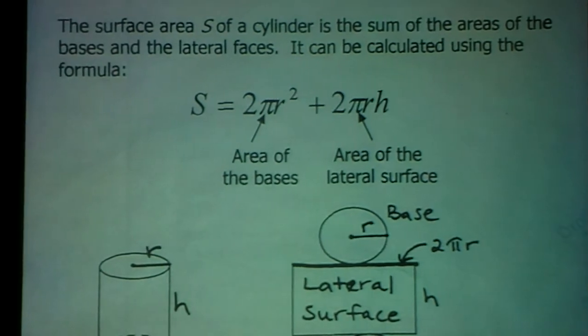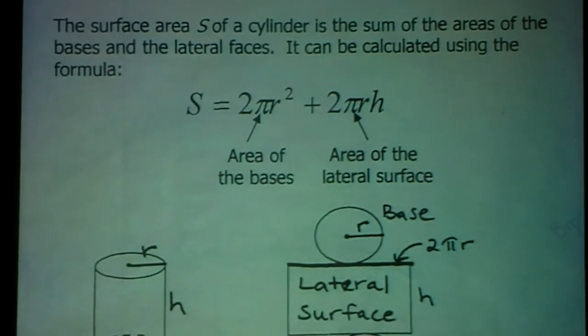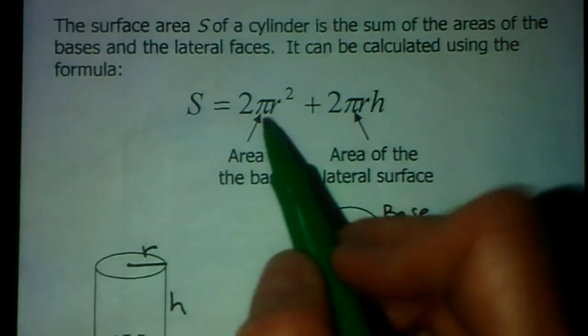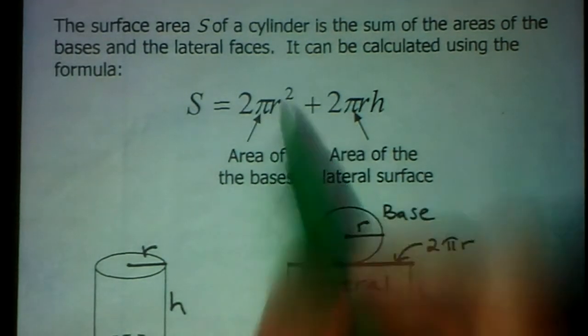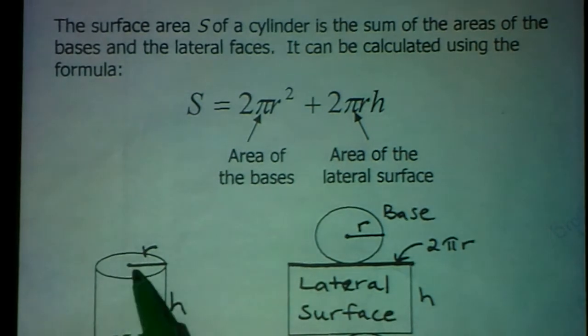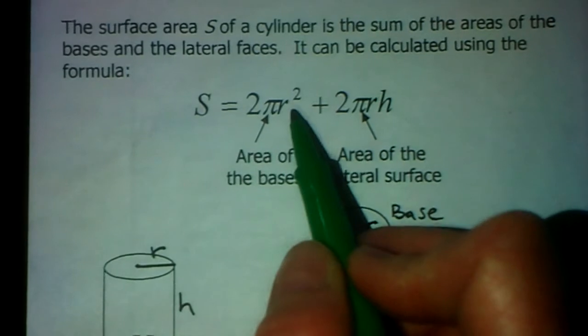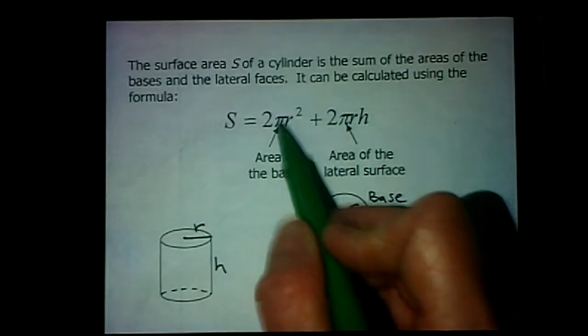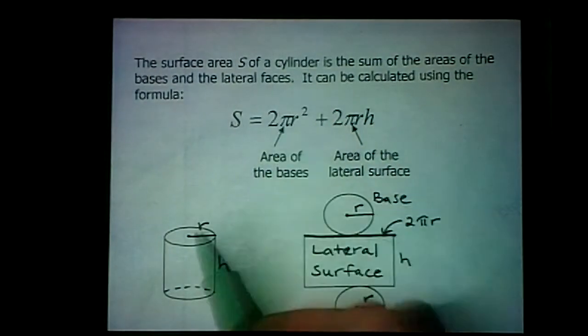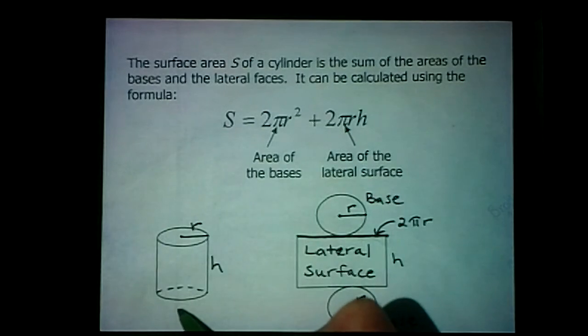And you saw in class today that the bases are circles, and the lateral face is actually just one big rectangle. So in order to figure out the surface area of this whole thing, you're going to take pi r squared to find the area of the circle. But you have 2 of them, right? So you take 2 times pi times the radius squared. So basically you're doing the formula for the area of a circle and multiplying it by 2 because there are 2 circles in every cylinder.